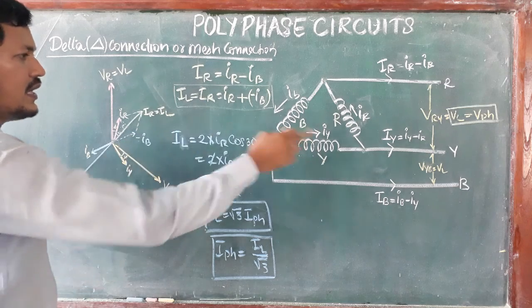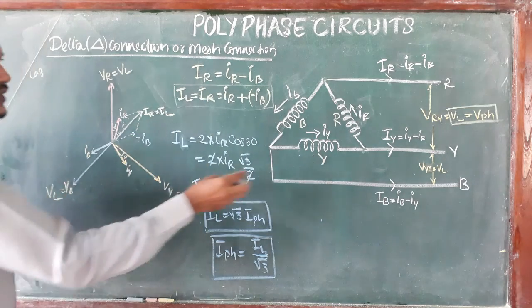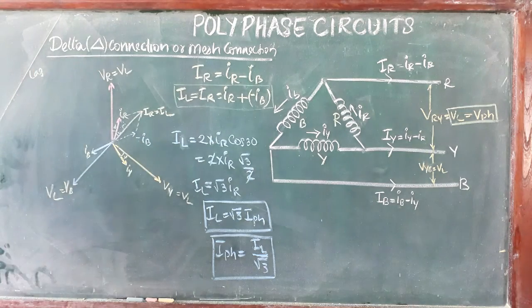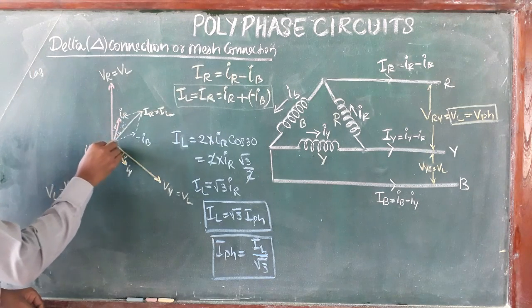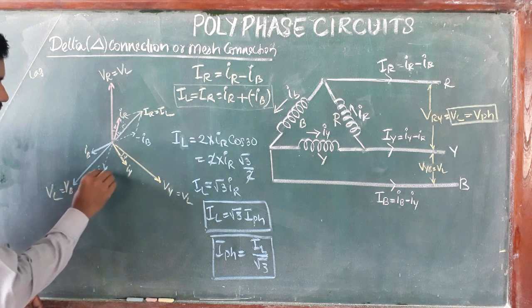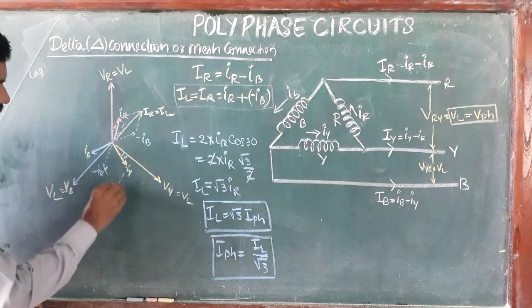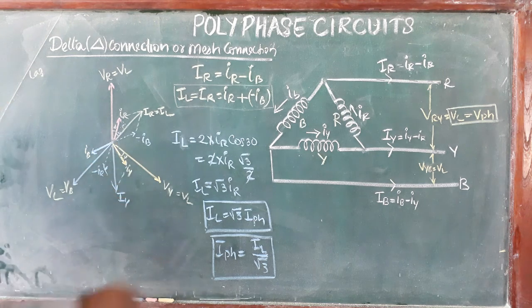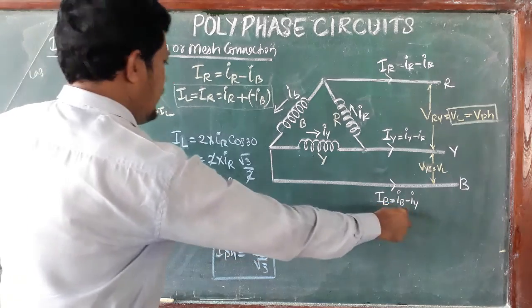Similarly we can find out IY and IB. So here the relation is IY means IY minus IR. So we have to extend this one, minus IR. So minus IR comes here. So it's a vector sum. So this one should be IY. And again IB equal to IB minus IY.